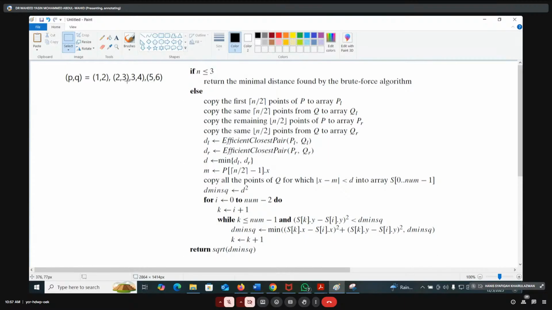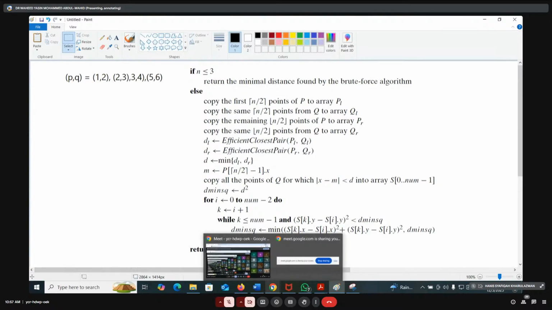Please start solving this question. I will give you 10 minutes to solve this one.